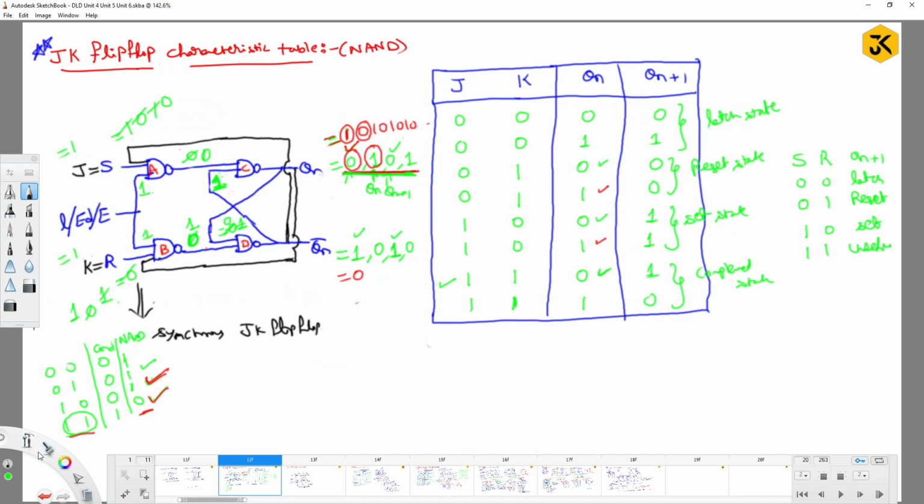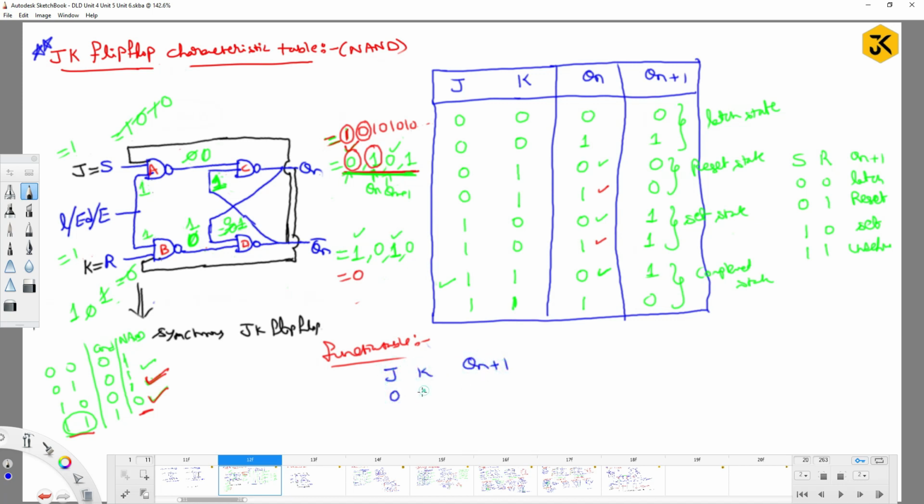Right? Similarly, can we draw the function table for this? Yes, right? Function table means we are going to separate simply your output in terms of the inputs. So here J and K are the inputs, output is Qn plus 1.